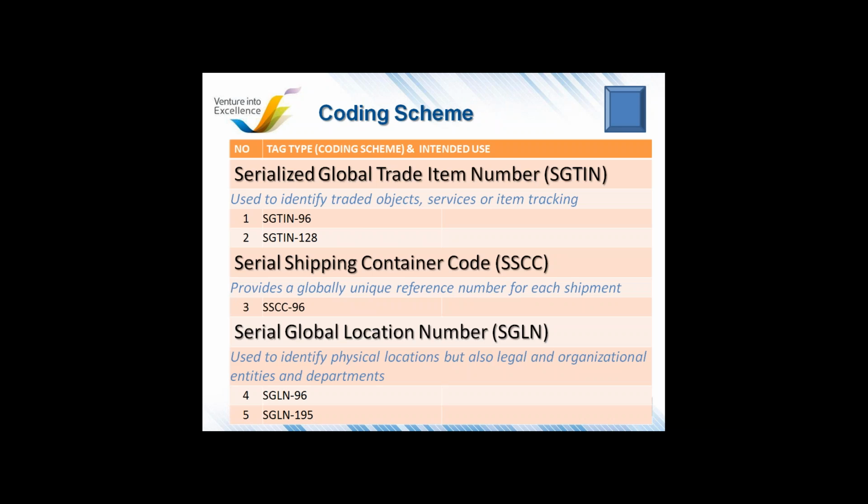There are a lot of coding schemes for RFID tags. First, I would like to introduce SGTIN. SGTIN is the serialized global trade item number. It's used to identify trade items at point of sale or item checking.